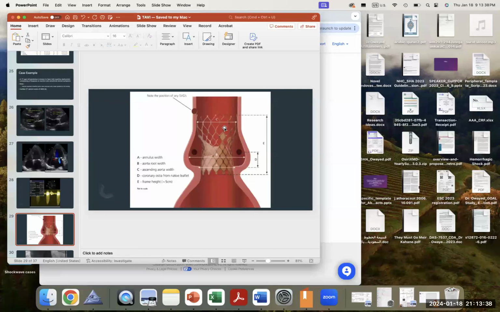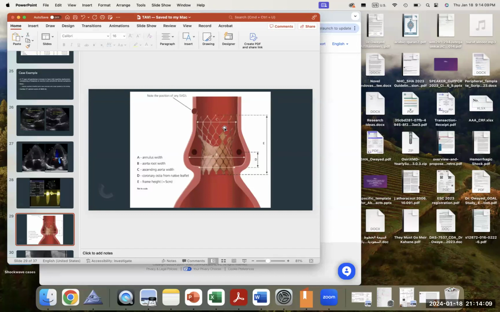And nowadays, the delivery system used to be 24 French, then 18 French, now 14 French. One French is 0.33 millimeter. So 0.33 multiplied by 14 French gives 4.62.